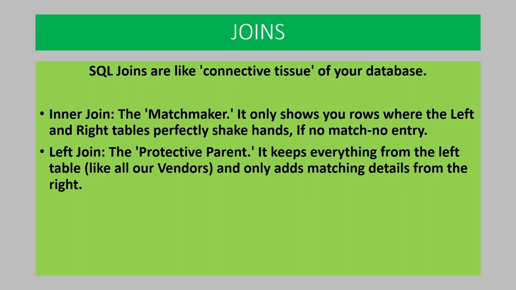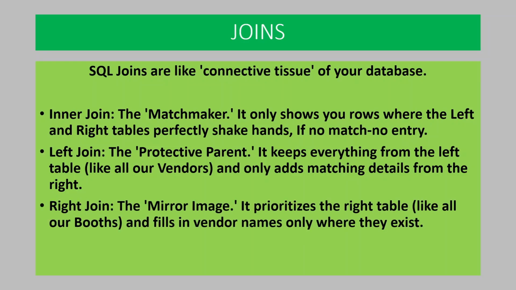Left join is kind of like a protective parent. It keeps everything from the left-hand side table and only adds the matching details from the right. When there are no matching details, it'll give null values. Right join is like the mirror image.